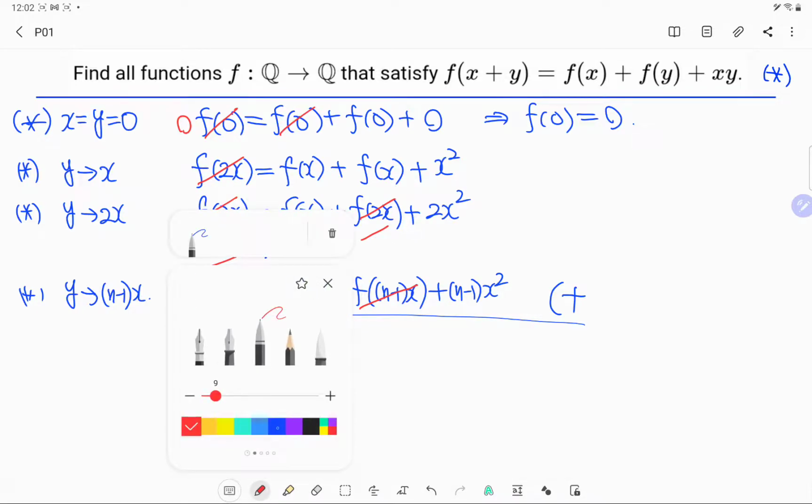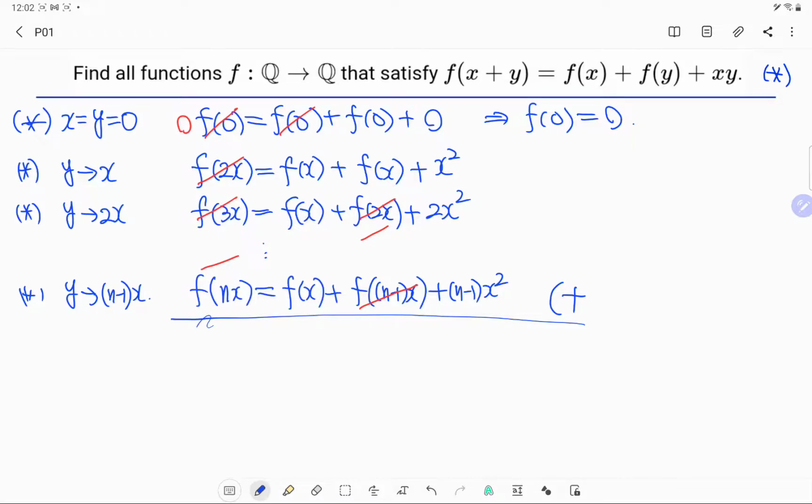So after making the cancellation, we can see that on the left side, only f of nx remains. And on the right side, we can count. We have totally n minus 1 f of x on the first column, and we have still another one. So we have totally n times f of x.